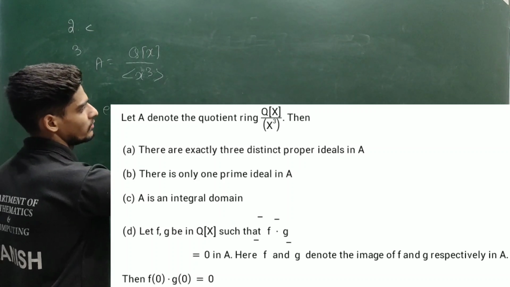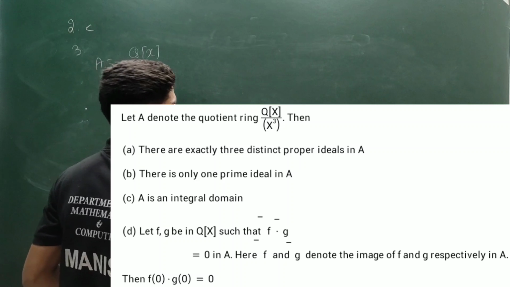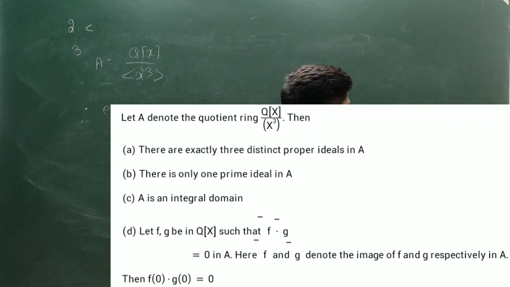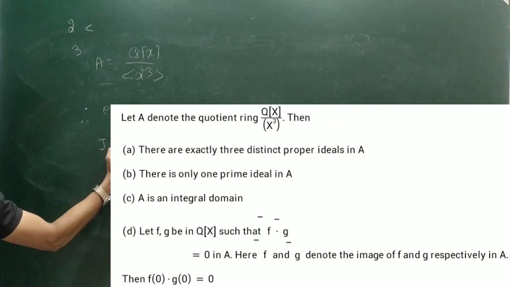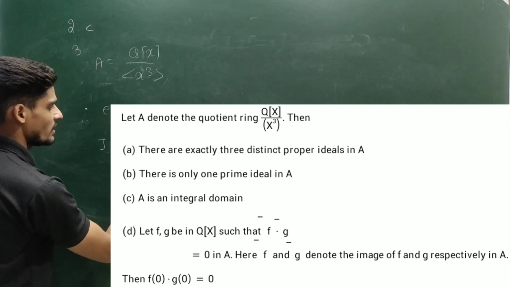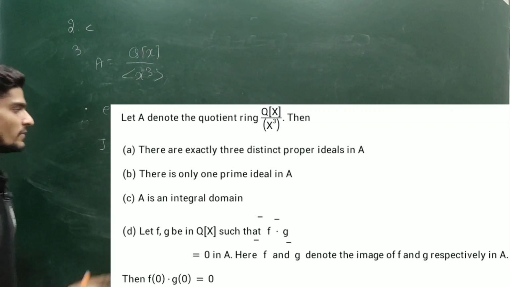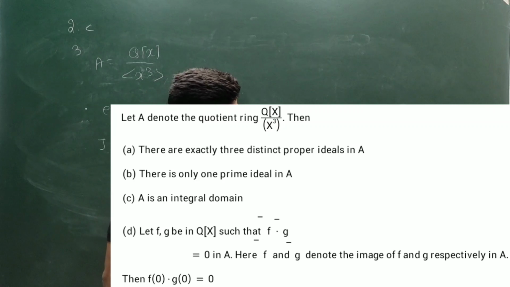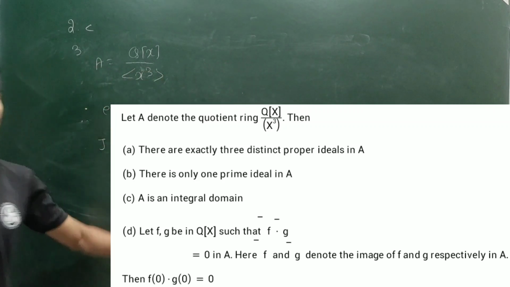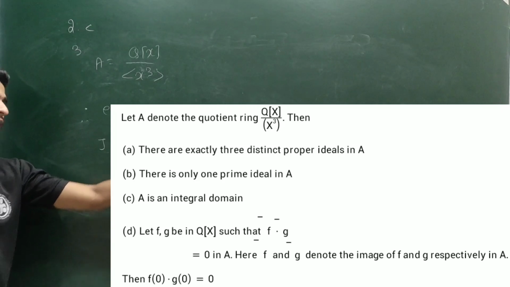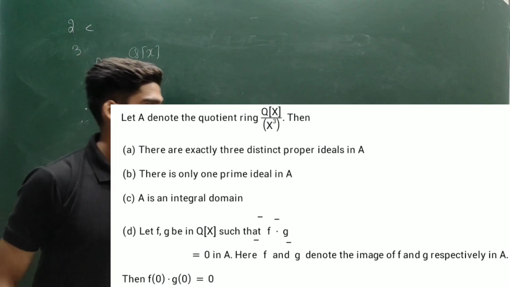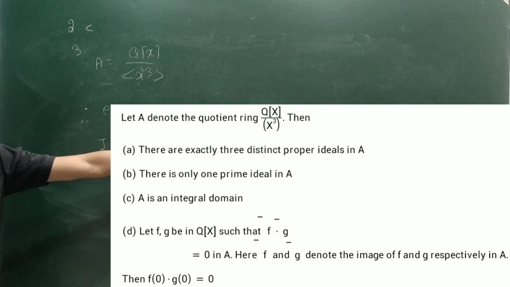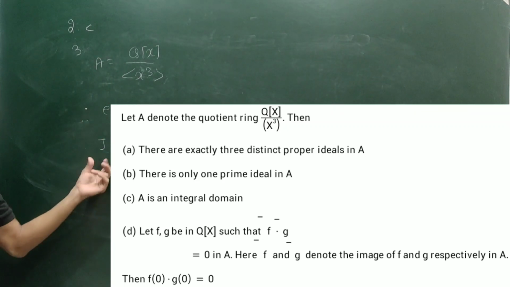Every ideal of R/I is of the form J/I, where J is an ideal of R containing I, and conversely, because there is a one-to-one correspondence between the ideals of R/I and the ideals of R containing I. So this is giving you a strong condition.